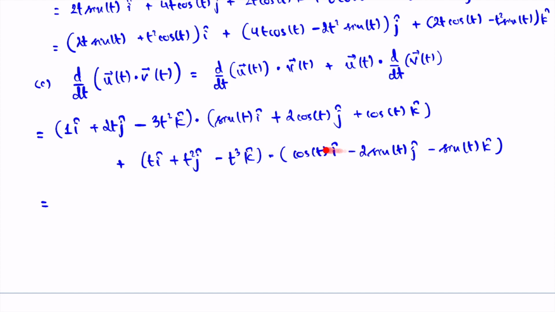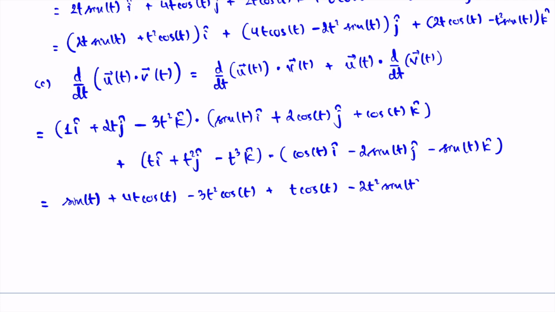Now you perform this dot product. Remember, a standard unit vector dotted with itself, in the case of i dot i or j dot j or k dot k, is going to give you 1. And if i dot with j or i dot with k, they're going to give you 0, because the standard unit vectors are orthogonal to one another, and the dot product of orthogonal vectors is going to give you 0. So if you perform the dot product, you're going to get sine of t plus 4t times cosine of t minus 3t squared times cosine of t plus t times cosine of t minus 2t squared times sine of t minus t cubed sine of t.